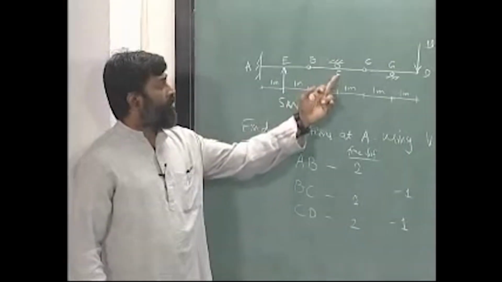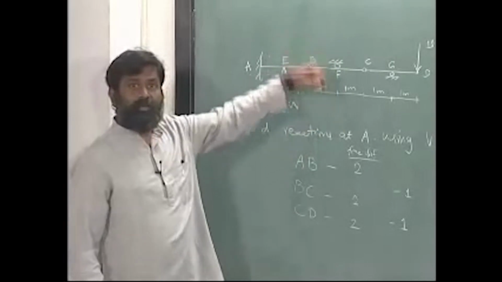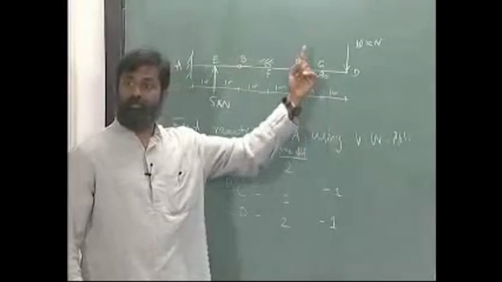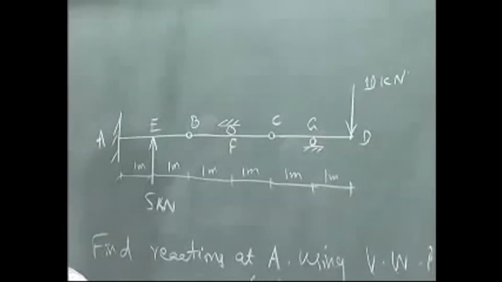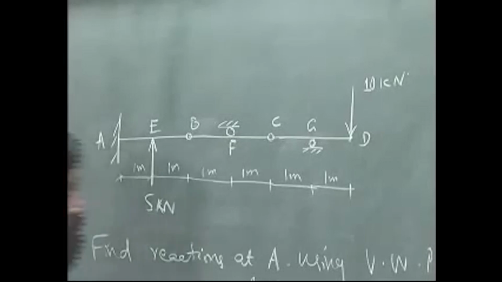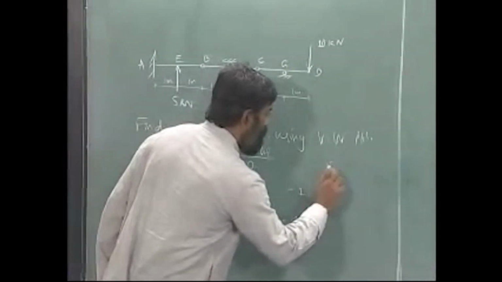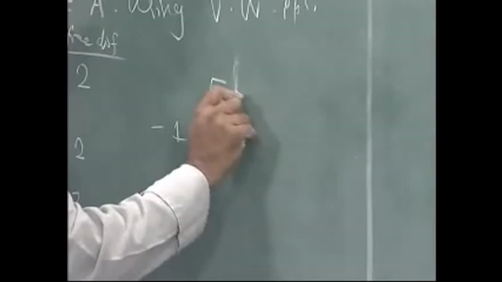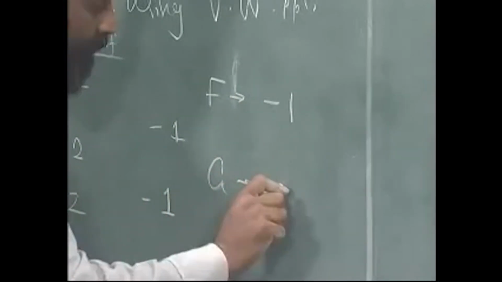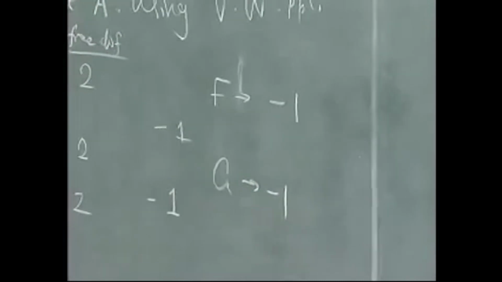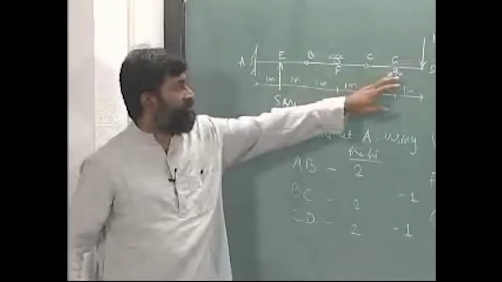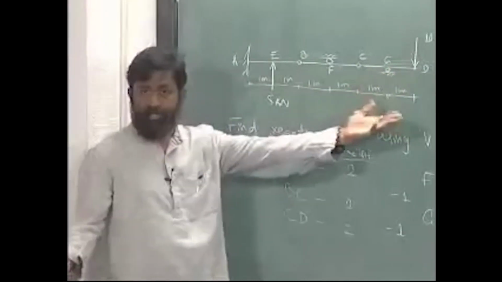How about the support at F? It vertically constrains the motion. Support at G again vertically constrains the motion, which means one constraint each at F and G, right. So F offers -1, G offers -1, alright. So we have considered F, we have considered C, we have considered B, we have considered G, D is free.